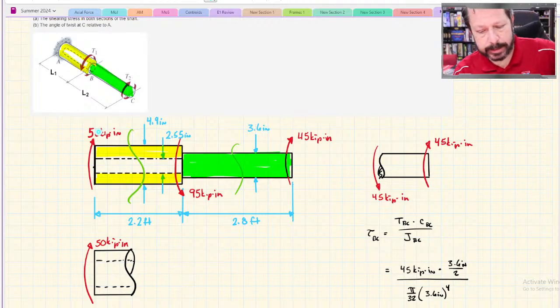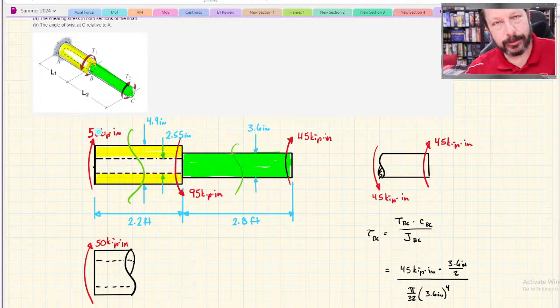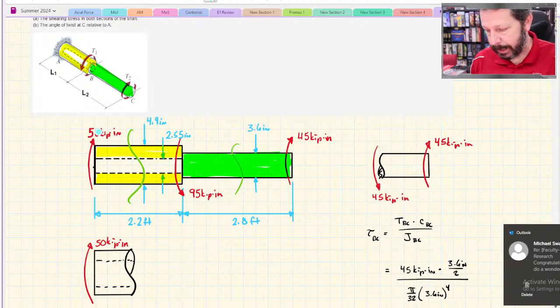If there were forces, now there won't be, but if there were forces like point loads, that doesn't affect this. We're not combining flexural things with the torsional things. So even though they're drawn crooked, so they're not straight like a point load would be, these are torques that I'm balancing.